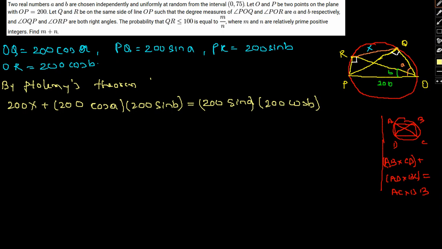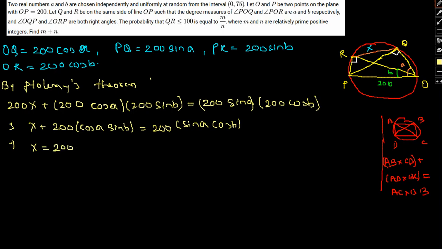If we further solve this, what we have here is x plus 200 cos A sin B equal to 200 sin A cos B. Here the value x can be written as 200 (sin A cos B minus sin B cos A), which can be further written as x equal to 200 sin(A minus B).